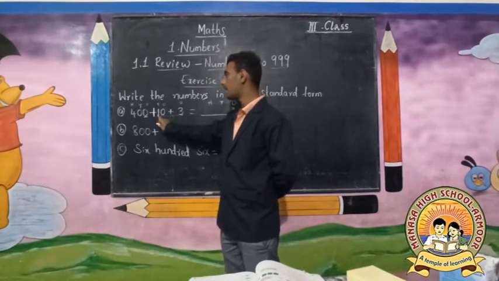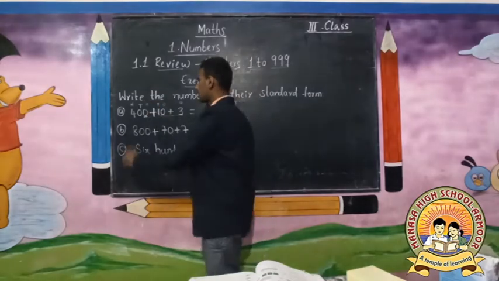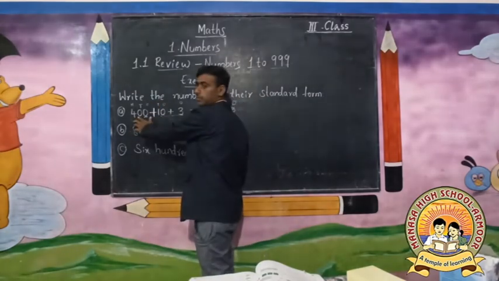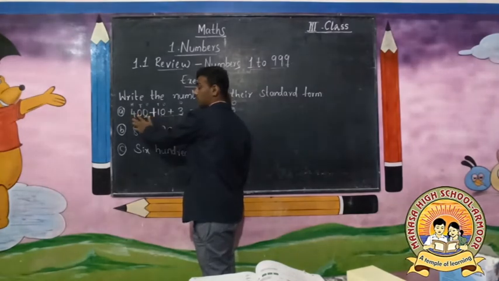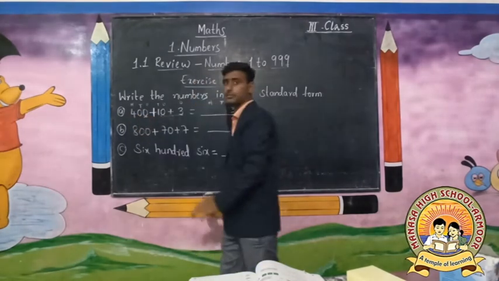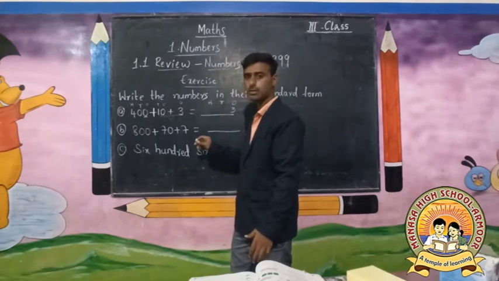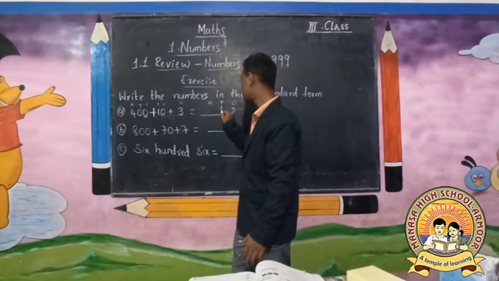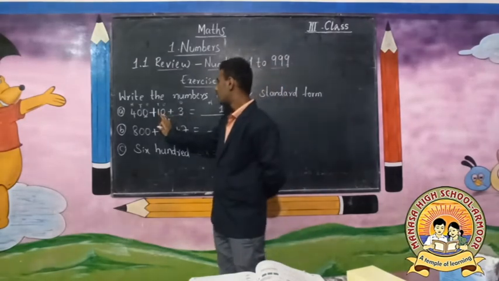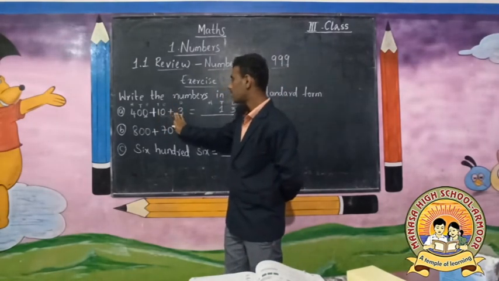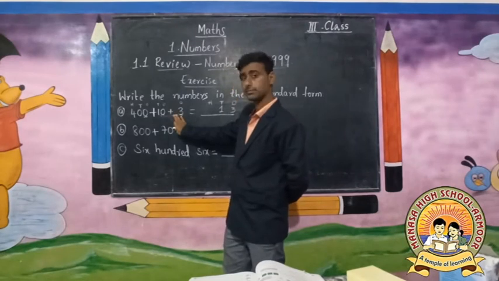So 1 is added to 0, which is in tens place. So 1 plus 0. How much? Yes, 1 is the answer. So write 1. Next, do we have any digit in hundreds place? No.